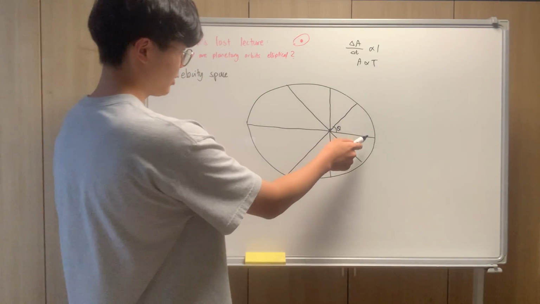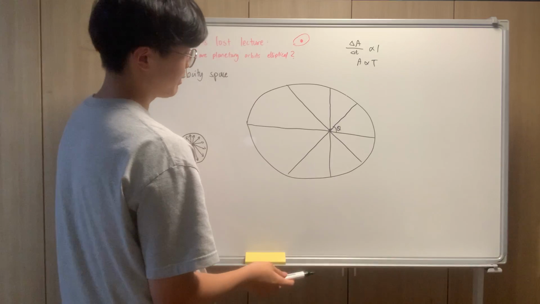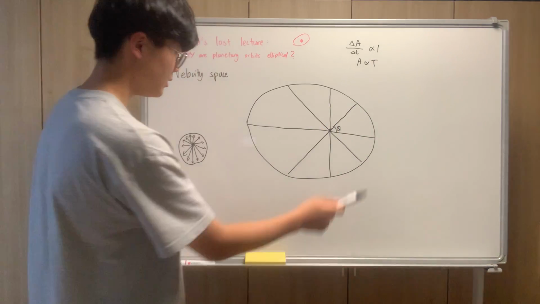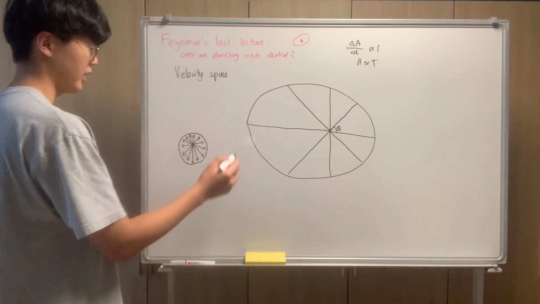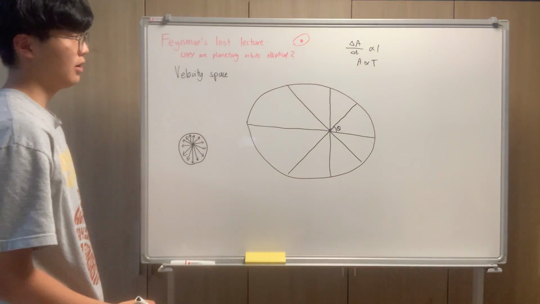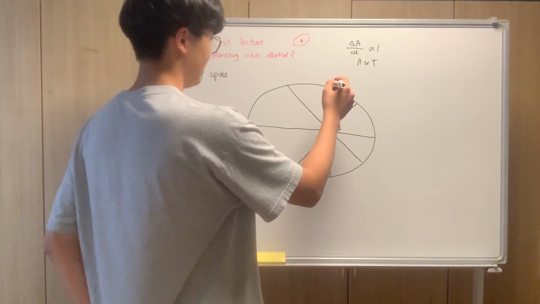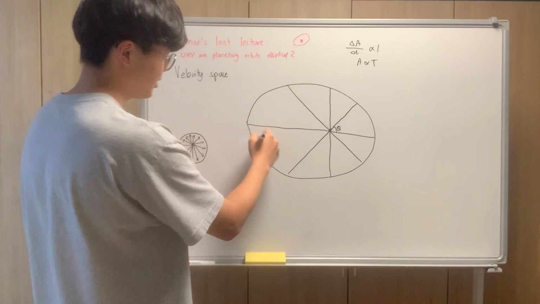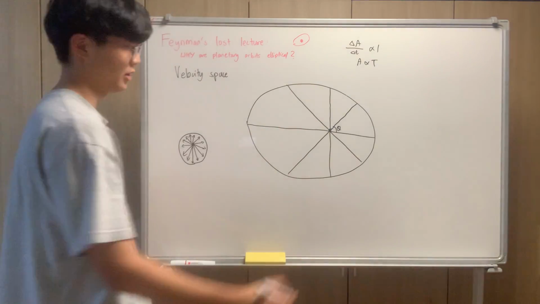Well, we know that it's going to take the least amount of time when it's closest to the focus, and it's going to take a much longer time when it goes here, because we said that area is proportional to time, and here the area is indeed much larger than the area over here.